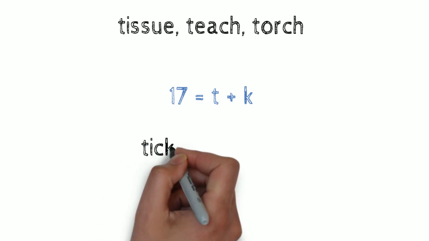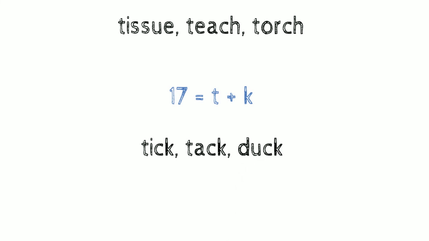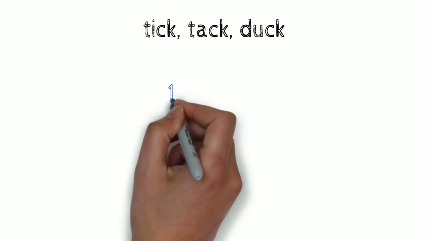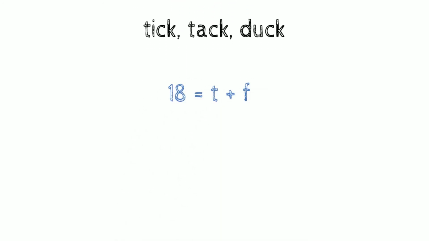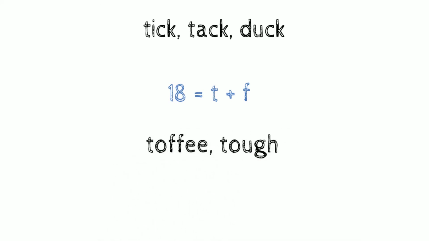Moving into number 17, we have a combination of the T and the k sound. This can form words like tick or tack. If you use D for number 1, a simple memorable word is duck. Number 18 is represented by T and the f sound. You can use a word like toffee, which is a form of sweet or candy, or the word tough.